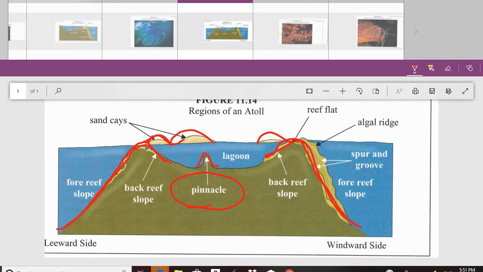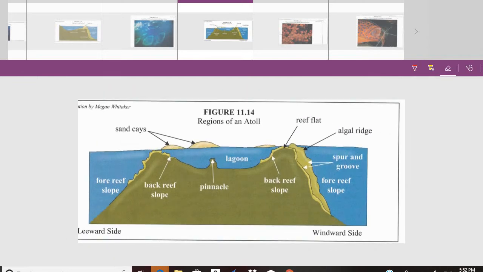In the Florida Keys or other parts of the world, they call them sand cays. Okay, so those are the different types of reefs that we will talk about: the fringing reef, the barrier reef, and the atoll.